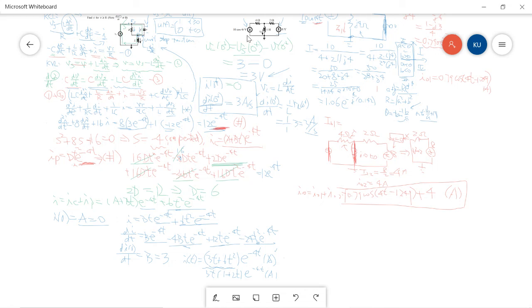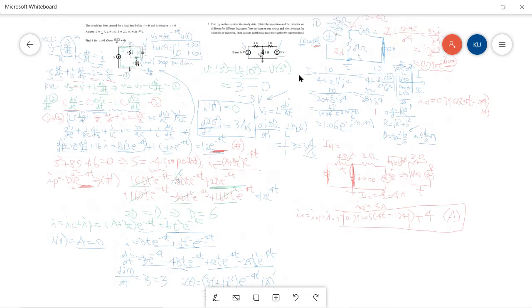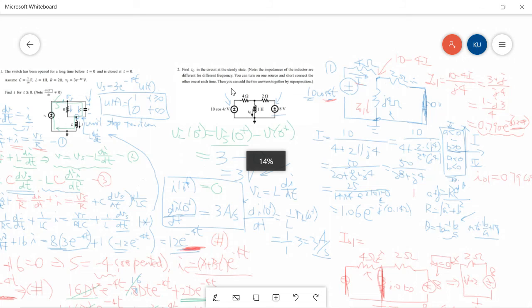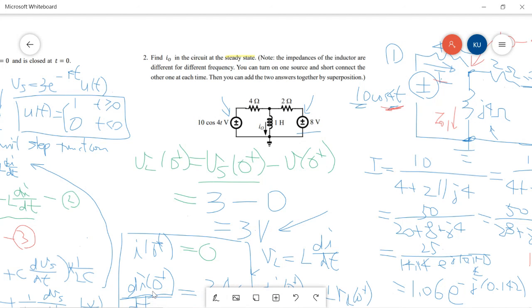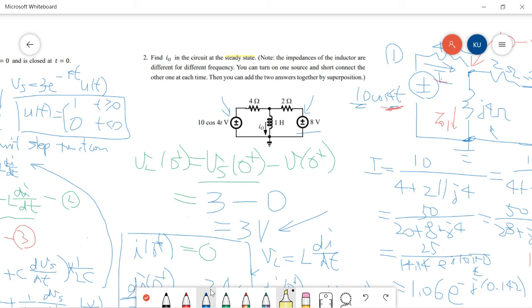And for this one, if we have a sinusoidal source or DC source, and we would like to calculate the steady state, we can assume that the homogeneous solution will tend to 0.